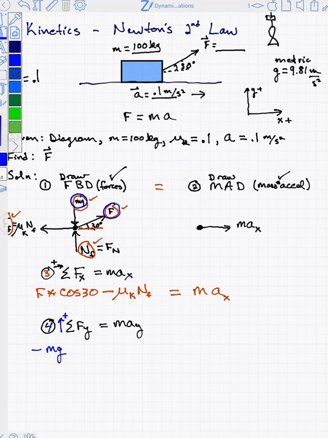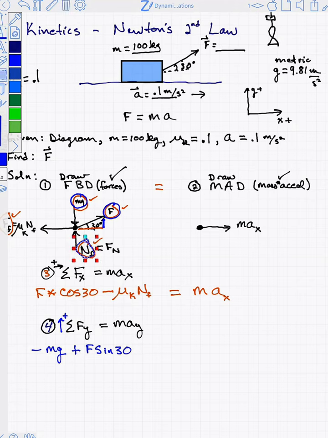How much of F is in the Y? Well, part of it, and it's upward. It's this part right here of F that is in the Y direction, and that is F sine 30. How much of the normal force is in the Y?